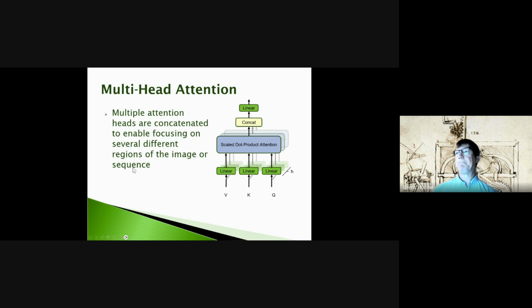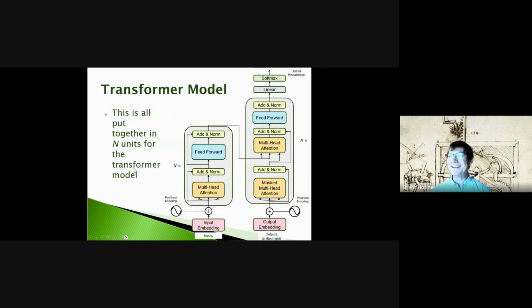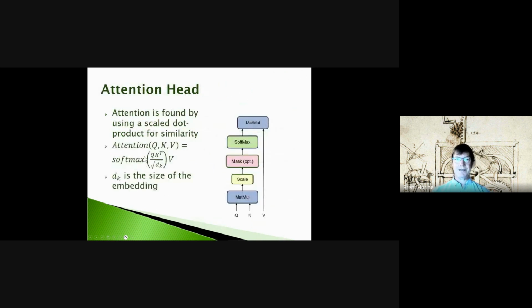Then we take this and we put it all together in units. So we're cascading all these things for this overall transformer model. Again, when I first introduced this, I talked about how there's all these different authors that contributed some aspect to this big paper, and part of that was the attention head.